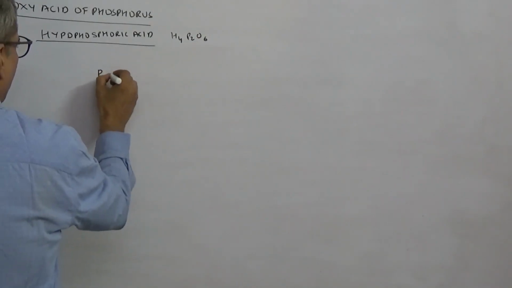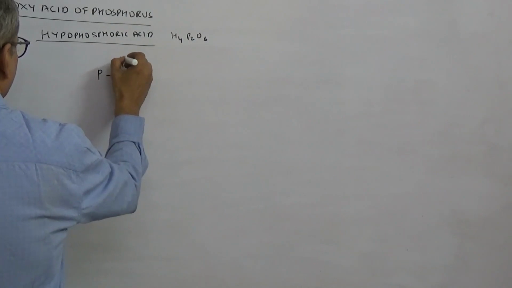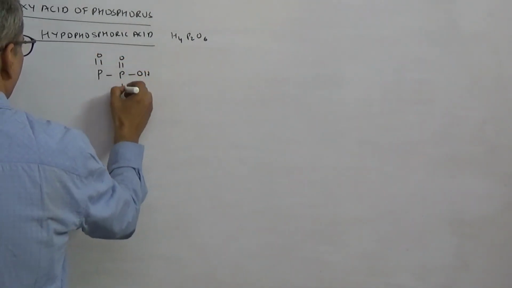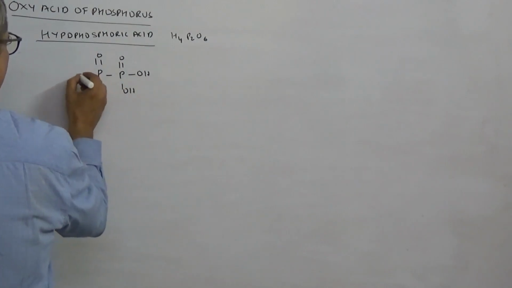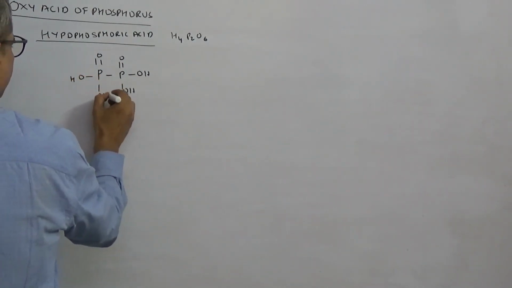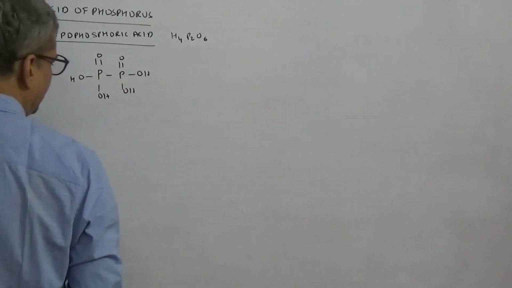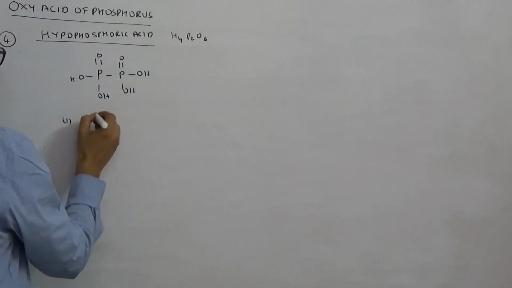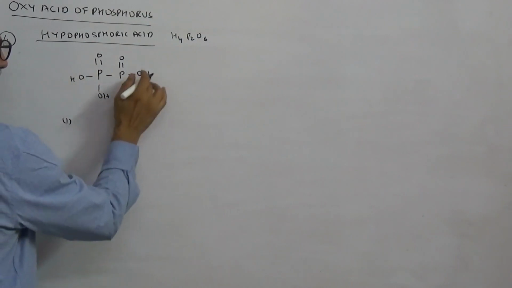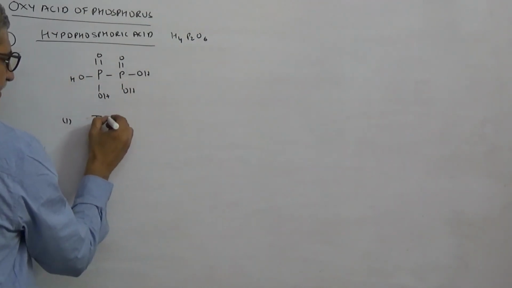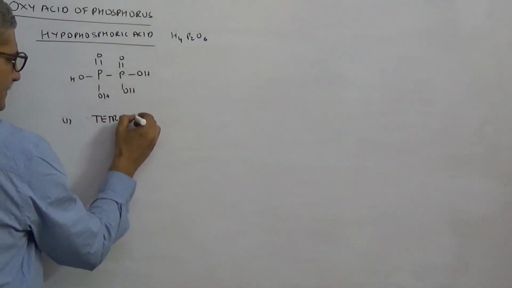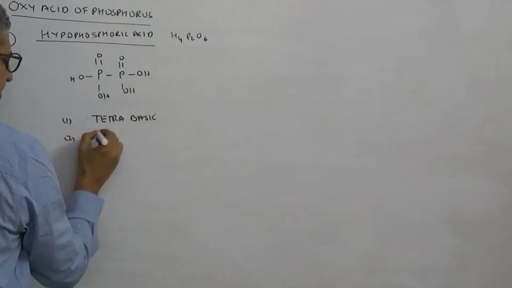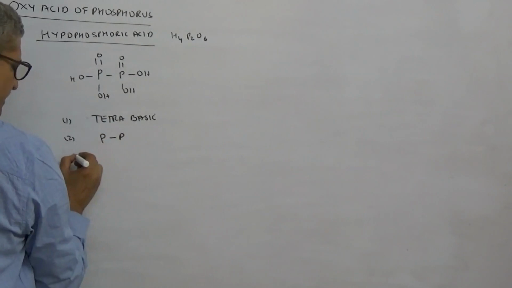We have a PP linkage, 2 P double bond O linkages, and 4 POH linkages. So what does it tell us? First, there are 4 POH groups, so it is a tetrabasic acid.